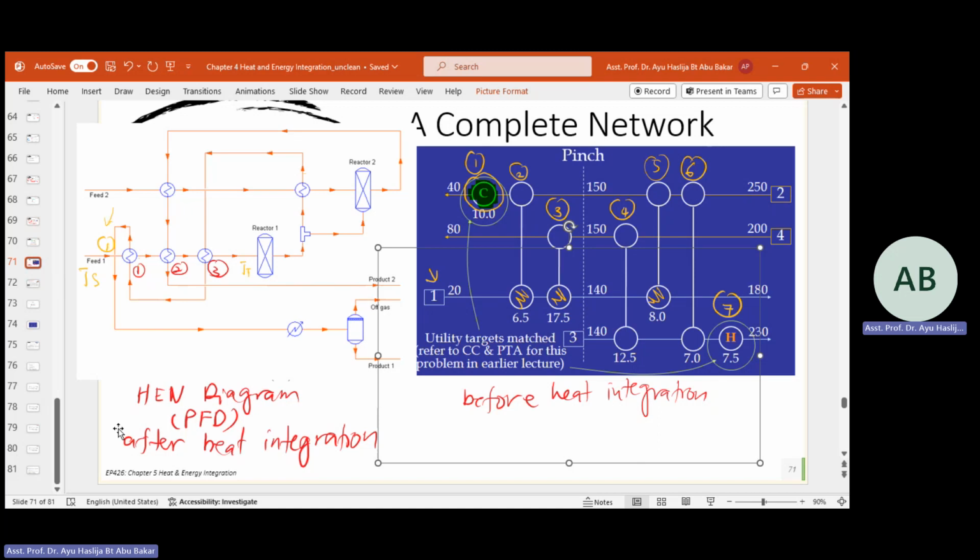There are heat integration between hot and cold. I mean, maybe heat recovery area, right? Heat recovery area. But pinch, you need to find out. Is there any pinch point exist over there? Why if I design in such a way there's no pinch point? Can I just skip the whole heat integration chapter? Justify. No pinch point.